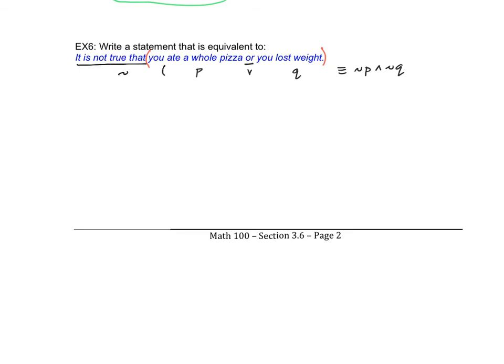Okay, so remember this is in parentheses. So not P. If P is you ate a whole pizza, and I'm negating it, you did not eat a whole pizza, the or became an and. So and you did not lose weight.